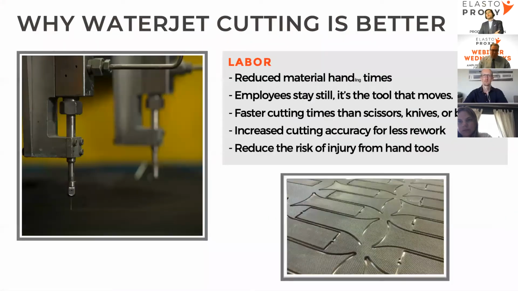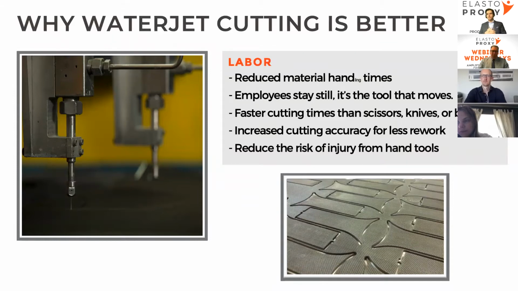So why WATERJET cutting is better than manual cutting, okay? As you can see, reduced material handling time. You're just taking a sheet, putting it onto the bed of the WATERJET, and it does the cutting for you. The employee doesn't have to stand there cutting. You're reducing your risk of potential injuries.